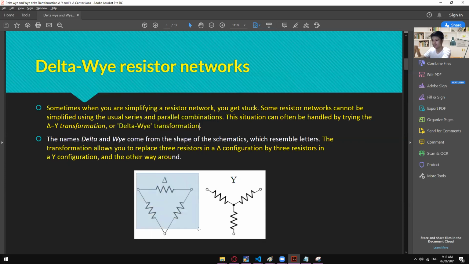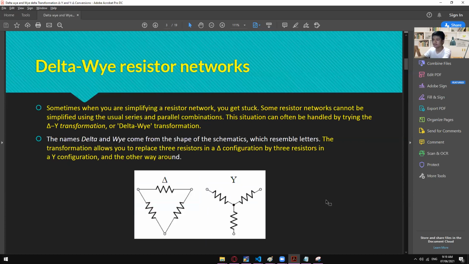As you can see, this one is an inverted delta symbol. So we now have the delta configuration. And for the y, it's quite obvious, since the shape of this connection is just like a y. But for delta, it's an inverted delta.